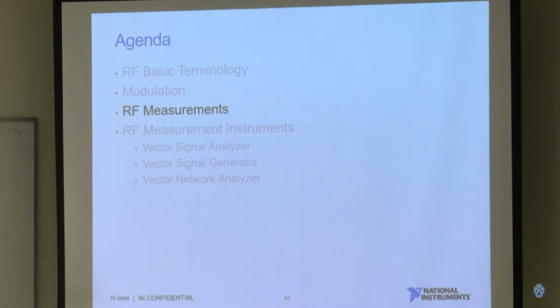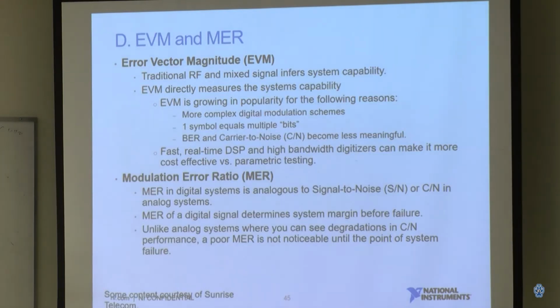Okay, now I'll talk about some of the basics of measurement. Remember, in digital modulation, the most important term to define the modulation quality is EVM, error vector magnitude. It tells you the quality of the individual I and Q data, like their amplitude and their alignment.